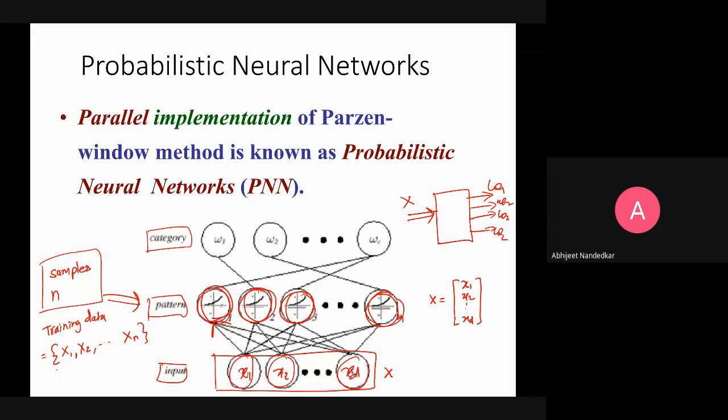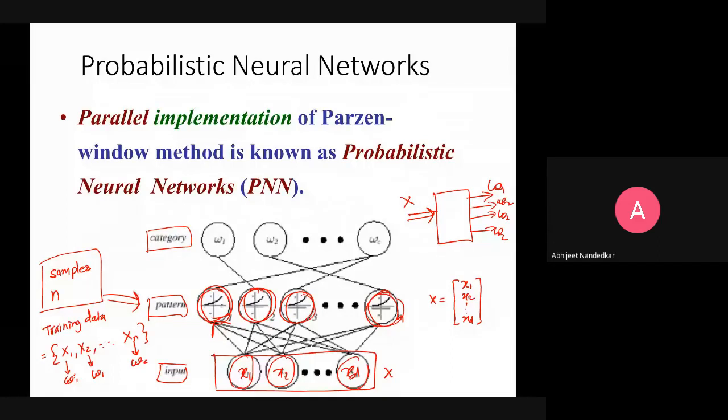So this data here, say x1 belongs to some omega i, x2 belongs to say omega 1, and so on, xn belongs to omega c. So each input is provided with a label, that is its class.